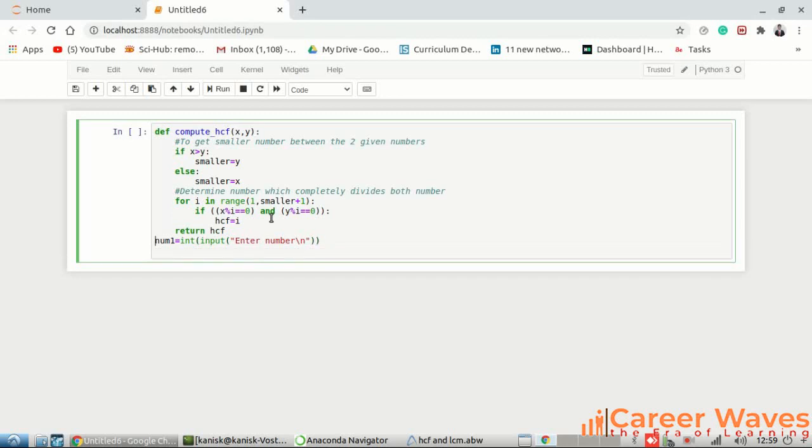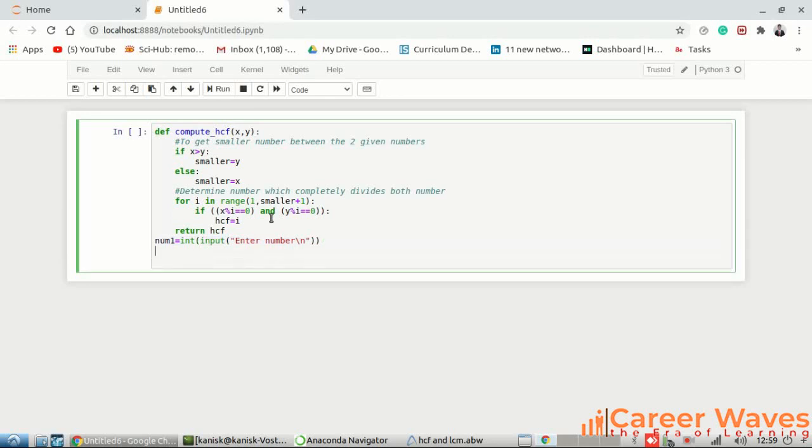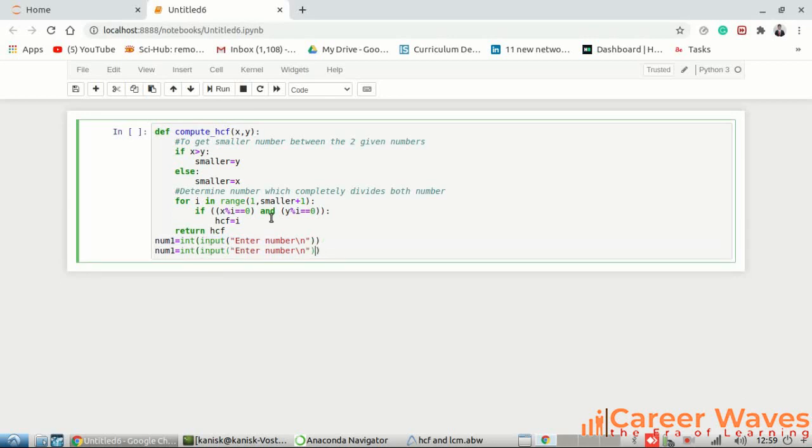Similarly, I will just copy and paste it here for num2, and I will change here.